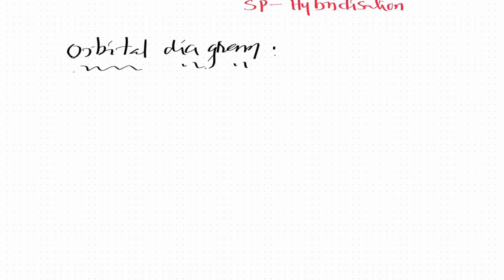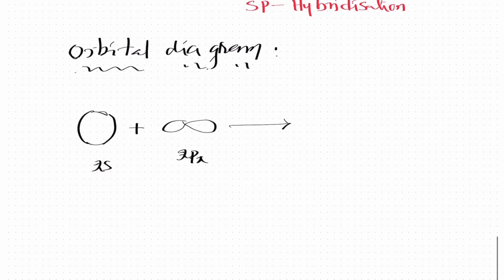This is the s orbital of 2s, right? This is your p orbital, 2px. These two are intermixing.